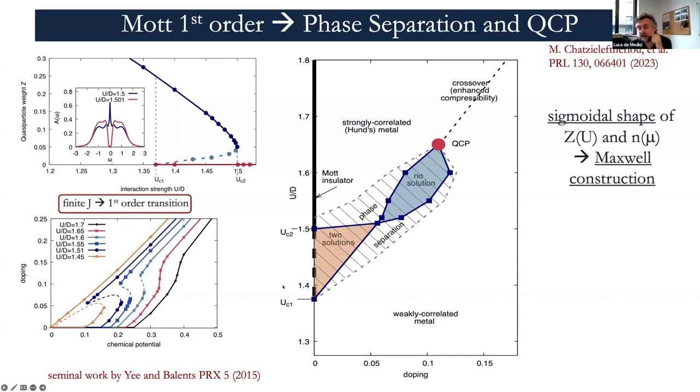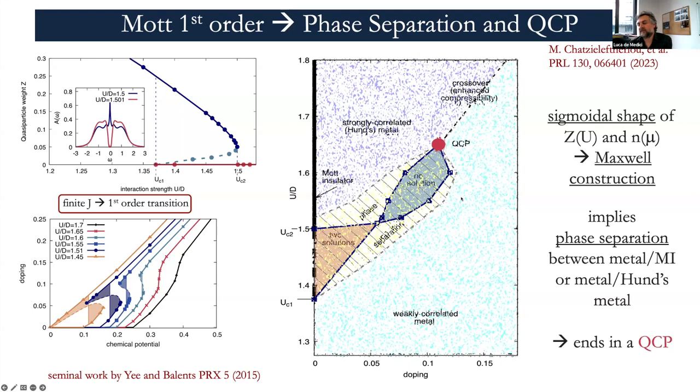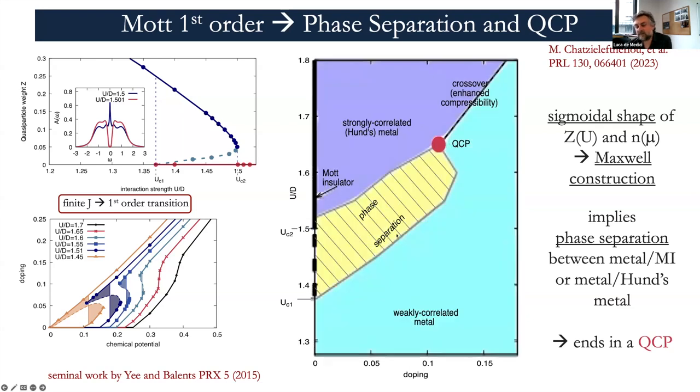So in the end, when you take into account that thermodynamically one has to make a Maxwell construction here, this implies phase separation, or in general charge instability, between a metal and an insulator, or between the two metals around the solution. The final, universal phase diagram becomes the following one.